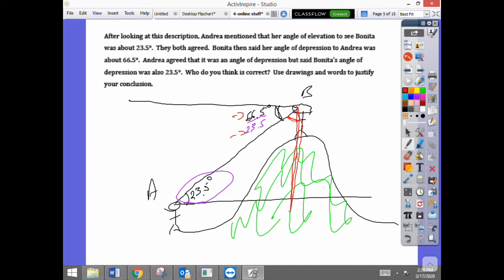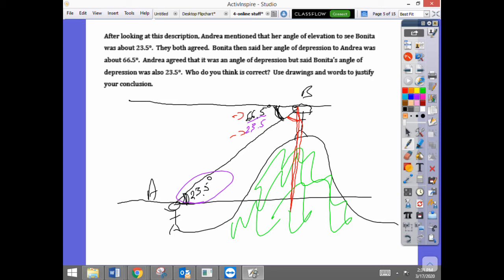If you remember our discussion when we did parallel lines and a transversal, these two angles have a special relationship. They're called alternate interior angles. What do we know about alternate interior angles?